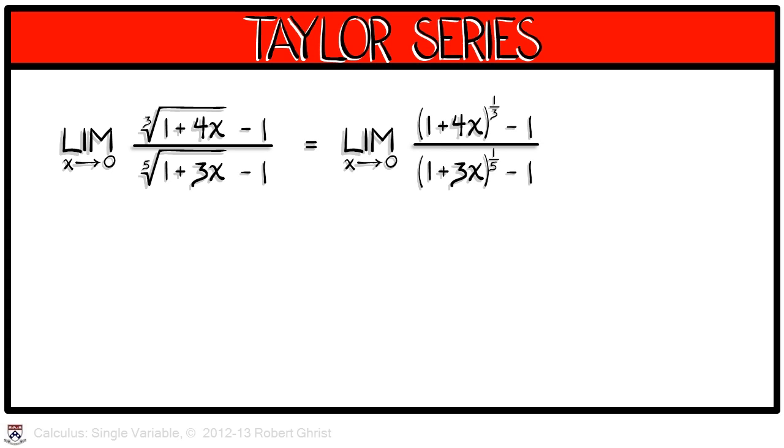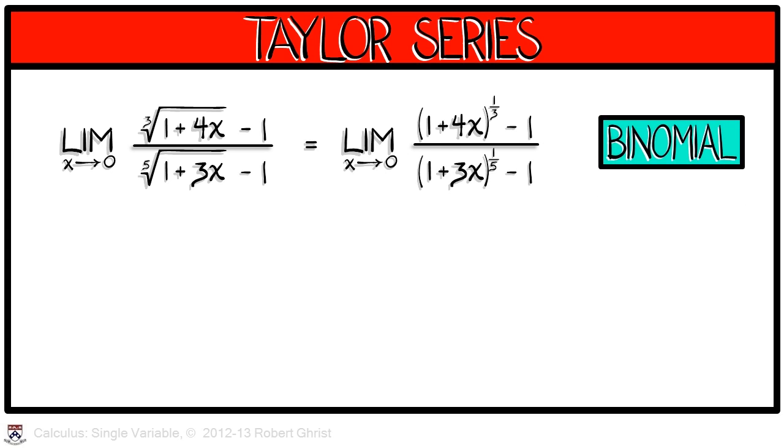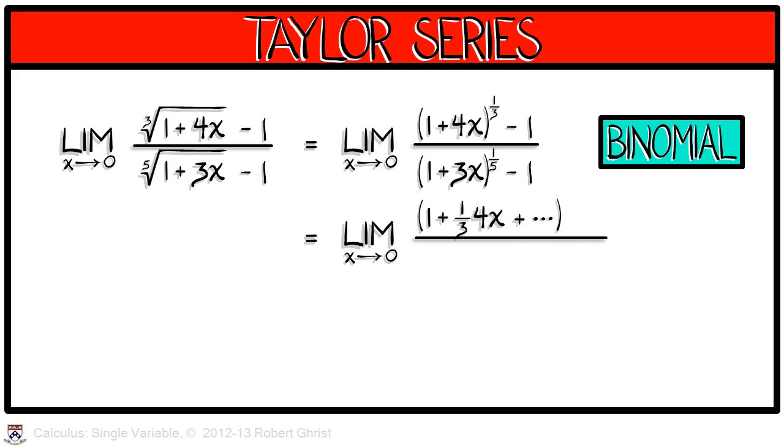Well, rewriting this a little bit allows us to use the binomial series, with alpha equal 1/3 in the numerator and 1/5 in the denominator. Applying that gives us 1 plus 1/3 times 4x plus higher order terms, subtract 1. In the denominator, 1 plus 1/5 times 3x plus higher order terms, subtract 1.